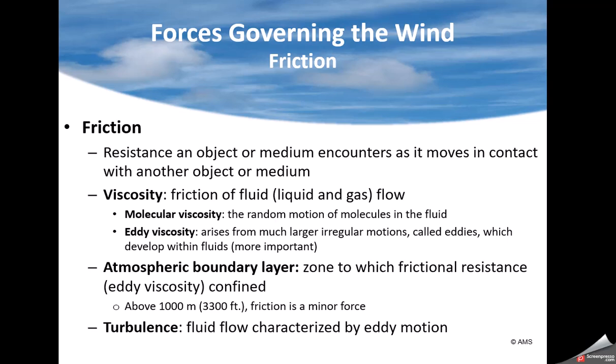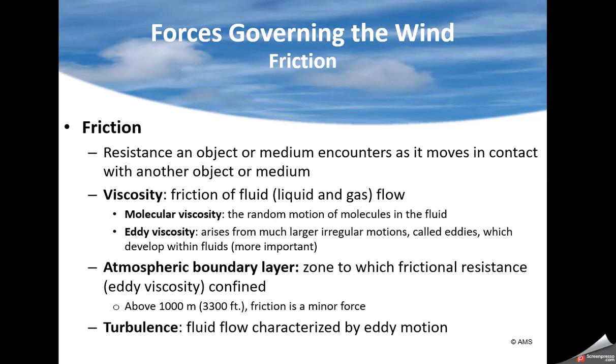Friction is another force. Obviously, the ground is going to cause the most friction. So, big objects on the ground like buildings, say you have mountain ranges or hilly terrain, all of that's going to have the most friction. Flat surfaces like water are going to have less friction. So there is your friction at the ground. Now, because the atmosphere is a fluid, there's going to be what they call eddies.